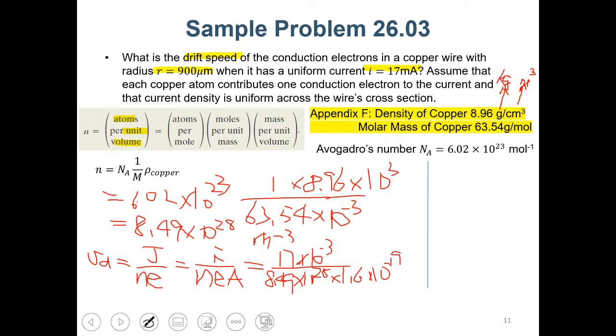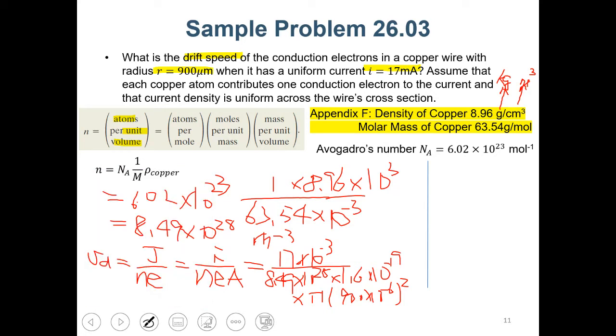And then the area is pi r squared, times pi, where r is 900 times 10 to the minus 6, squared.